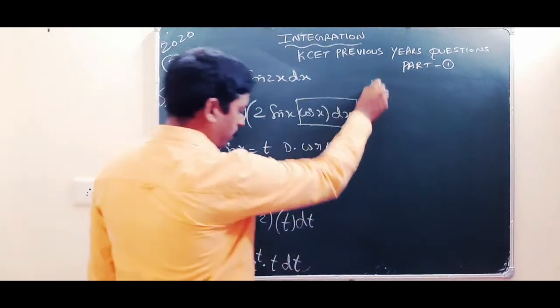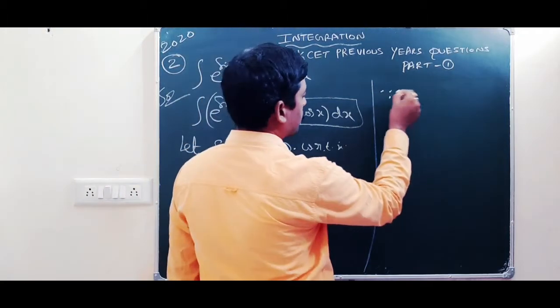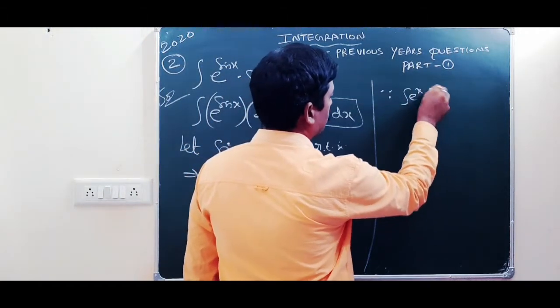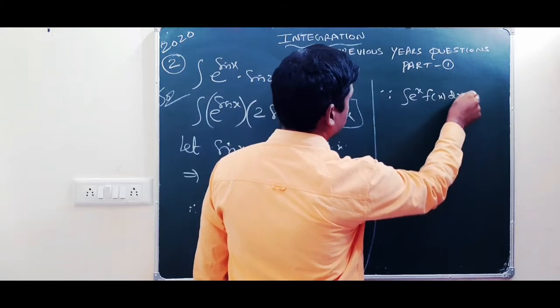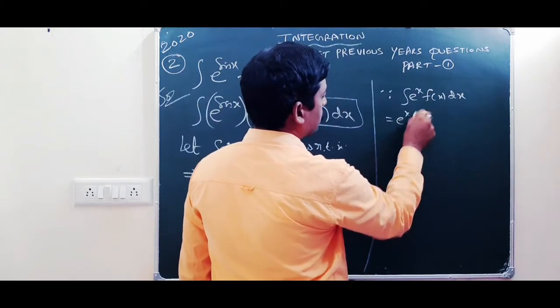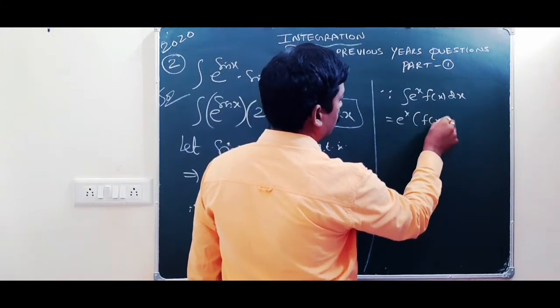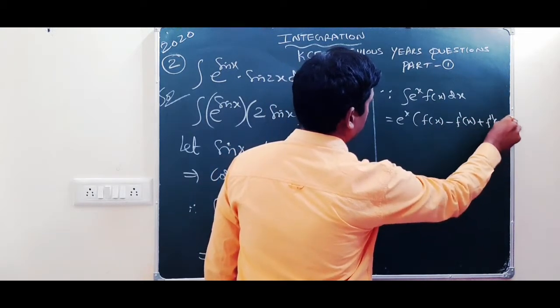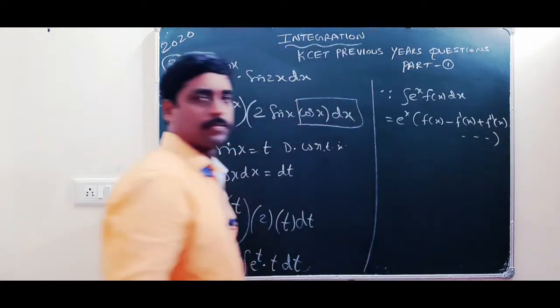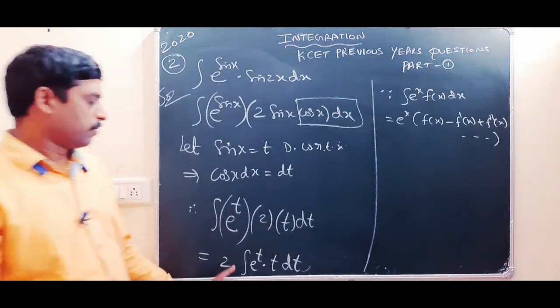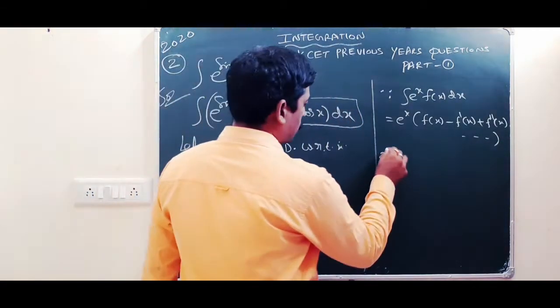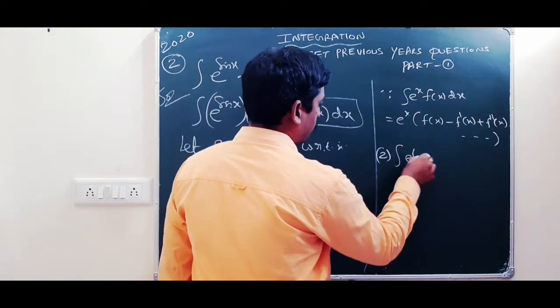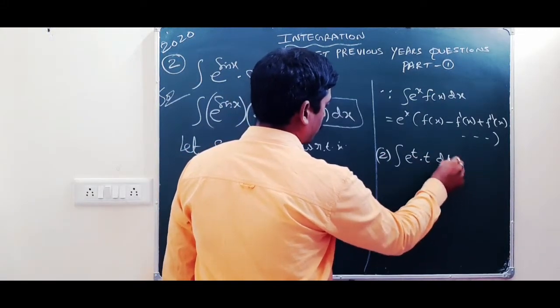We have one formula: the integral of e power x into f of x dx is e power x into f of x minus f dash x plus f double dash x minus, and so on. So what is required? 2 times the integral of e to the power t into t dt.